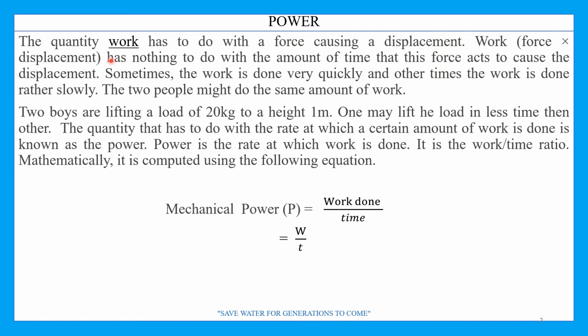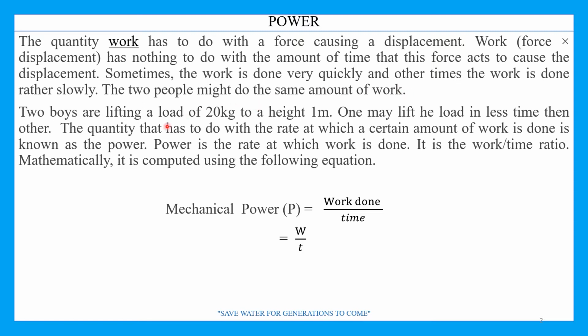You must have seen some examples from daily life that two people might do the same amount of work, but even then one is said to be more powerful than the other, though the work done by both of them is the same.